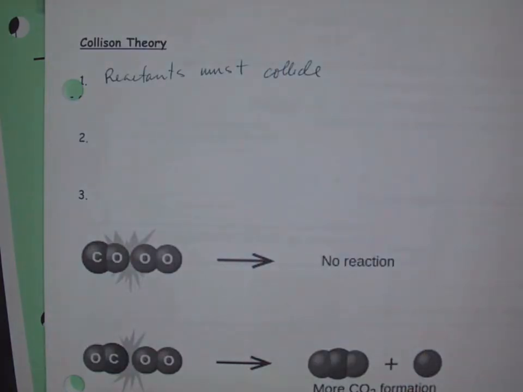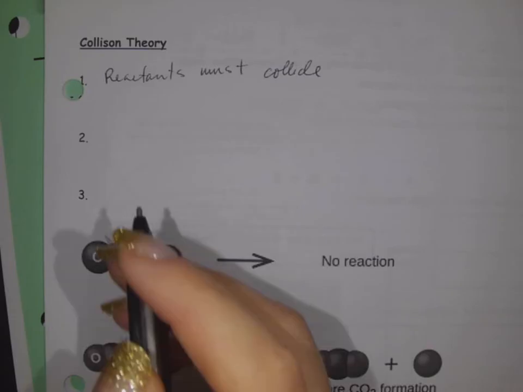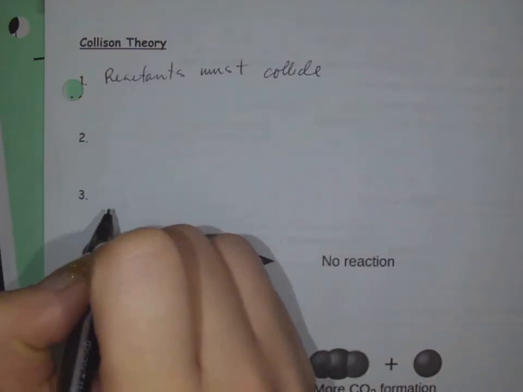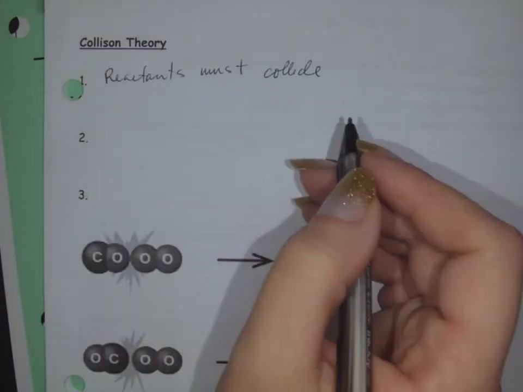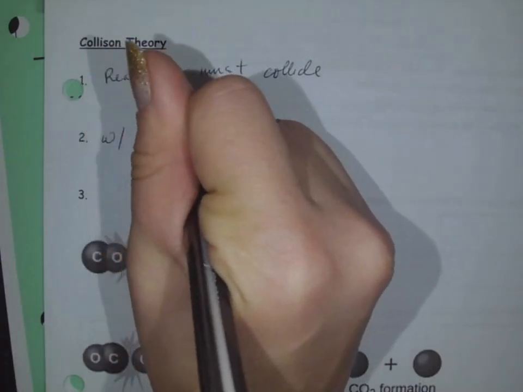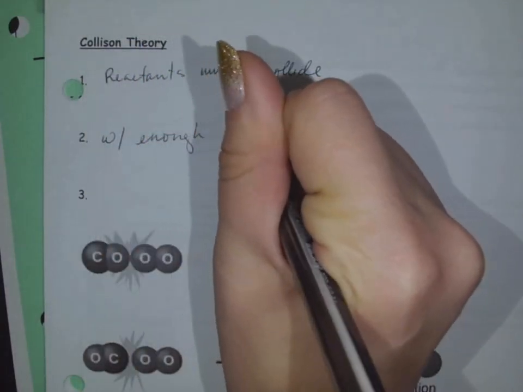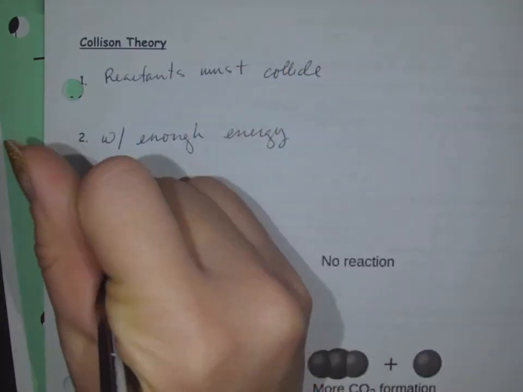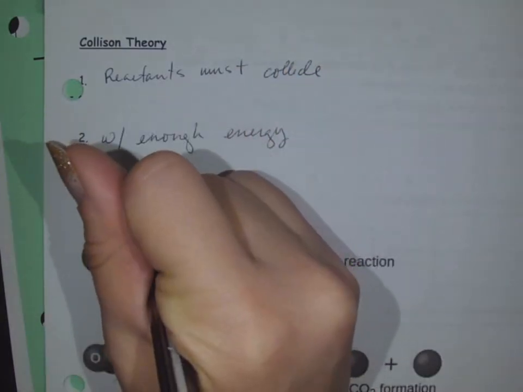But it's not enough just to collide. They have to run into each other with enough energy and proper orientation, and that's 2 and 3. So reactants must collide with enough energy and proper orientation.